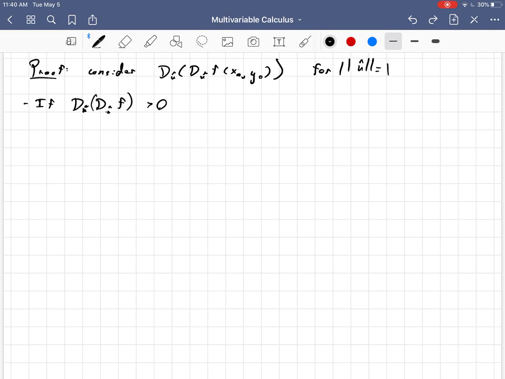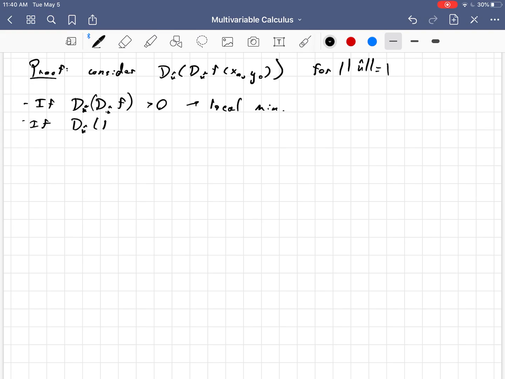The directional derivative is greater than 0 in every direction. So that means our rate of change, our tangent vector, would be going something like that, right? And so we would then have a local minimum.